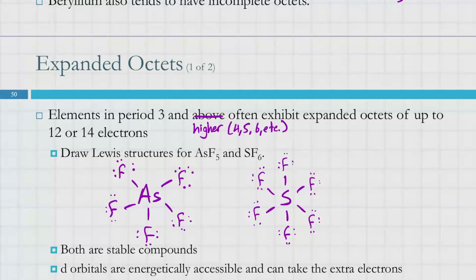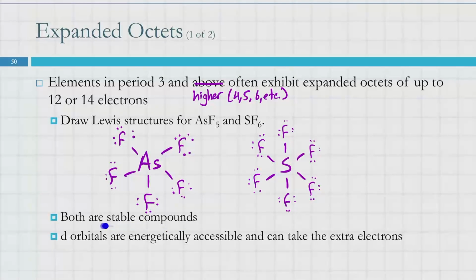Like that. Sulfur has 12 valence electrons on it. If we did formal charges, sulfur has a formal charge of 0, arsenic has a formal charge of 0. So these would be perfectly okay having these expanded octets.